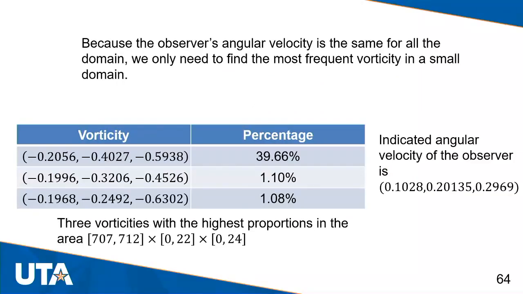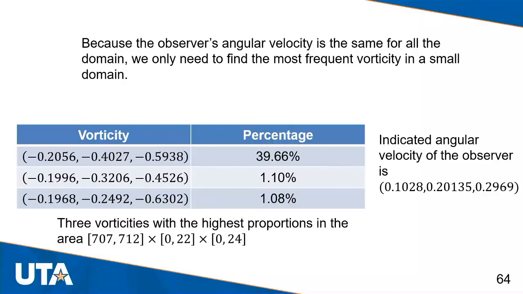Since the observer's angular velocity is uniform over the whole domain, if we can find it for a small region, then that result can be applied to the whole region.